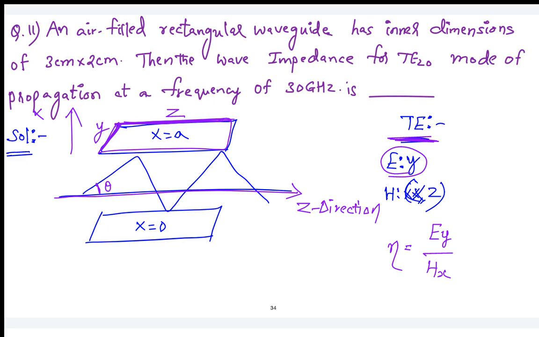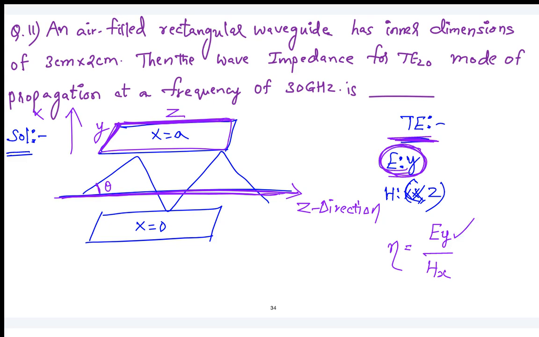Transverse means perpendicular component to the direction of propagation. So in this case, wave is propagating in the z direction. So when you take any component in z direction, that is called longitudinal component. And when you take any perpendicular component to z, that is called transverse component. So anyhow, in this case for transverse electric, your electric field in y direction is a transverse component.